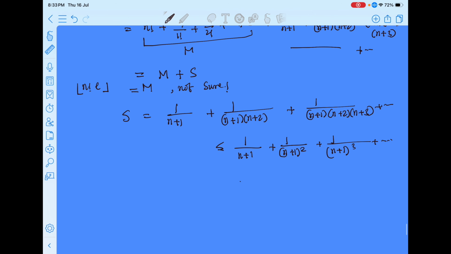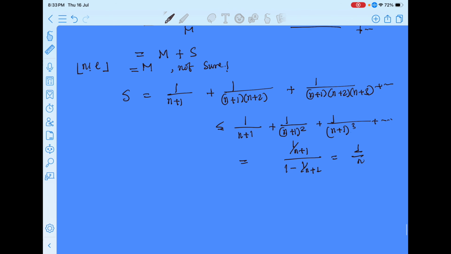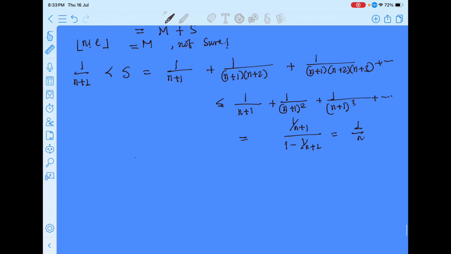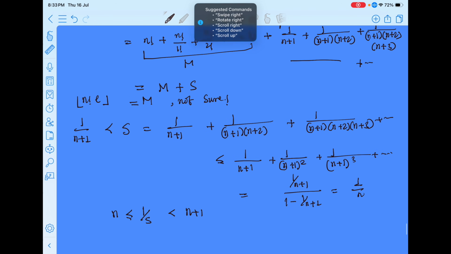So this is a geometric series, and its value is precisely 1 by n. And s is strictly bigger than 1 by n plus 1. So then 1 by s is between n plus 1 and n.